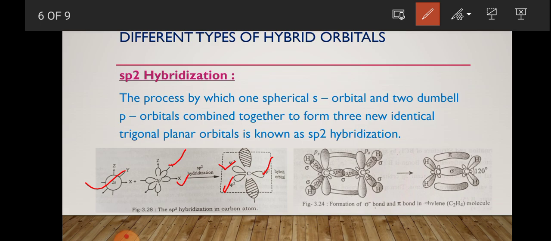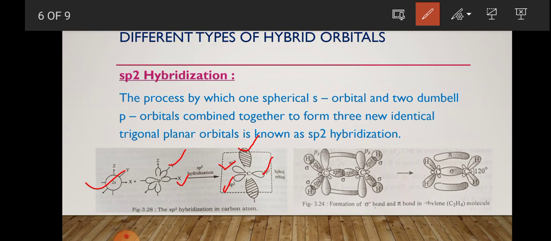This three sp2 orbitals, and the pz orbital remains in unhybridized state. Look here, this pz orbital remains in unhybridized state and each of the three sp2 orbitals contains one electron.